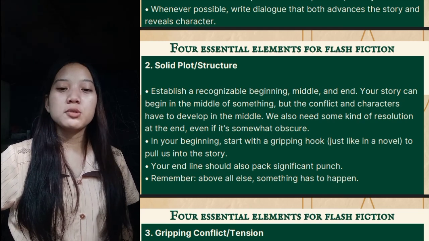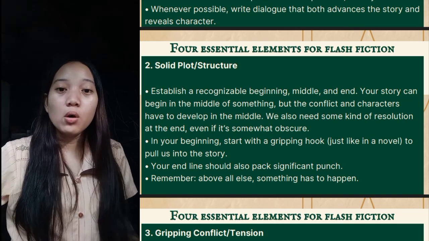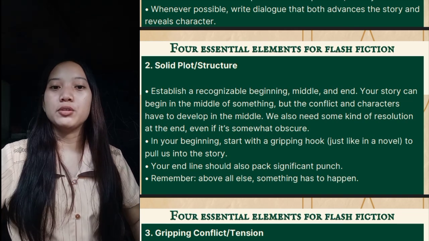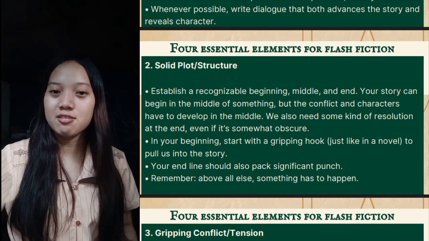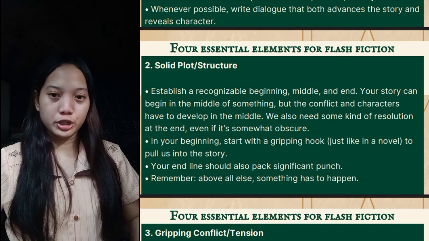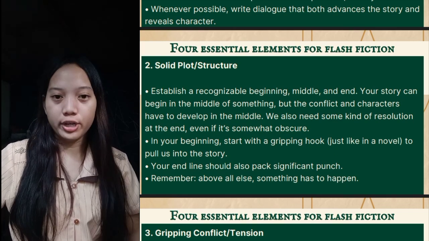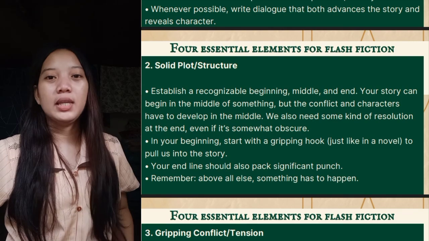We should start with a hook. Just like in longer stories, we should grab the reader's attention right from the start. For example, begin with an action or a mystery that makes the reader want to know more. Then we develop the conflict.